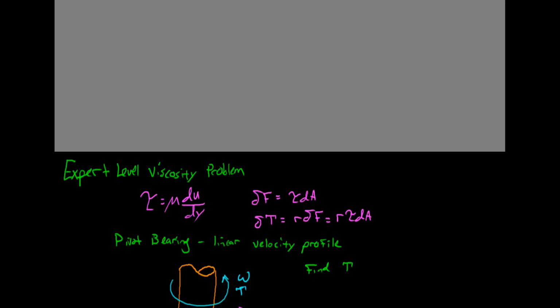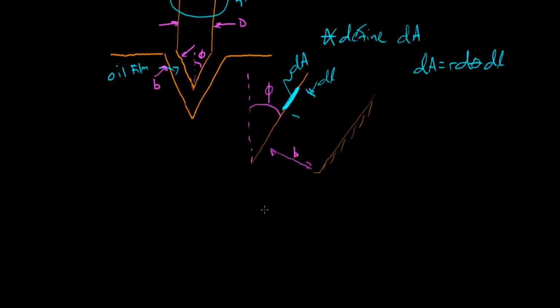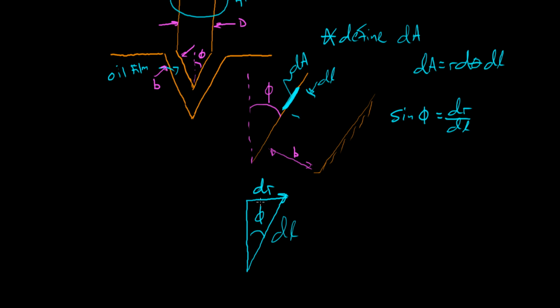Well, that's going to come from playing some triangle games. So let me draw this a little bit bigger. We have a thing that looks like this, where this distance here is dr, coming out this way, and this distance here we called dl. And of course we have the angle here, which is phi. This triangle says that the sine of phi is equal to dr over dl, opposite over hypotenuse.